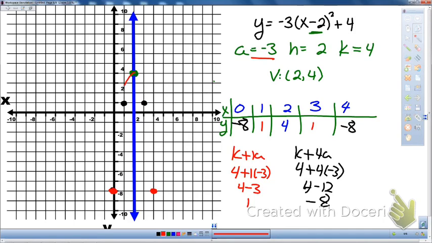It's being stretched out 3 times. Try that again. It's a little bit better. You get a graph that looks something like that.